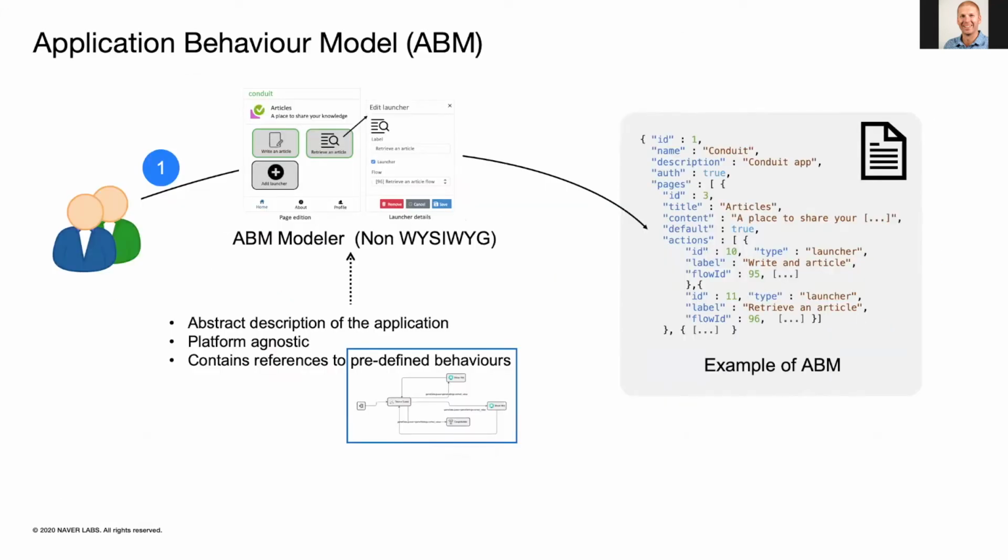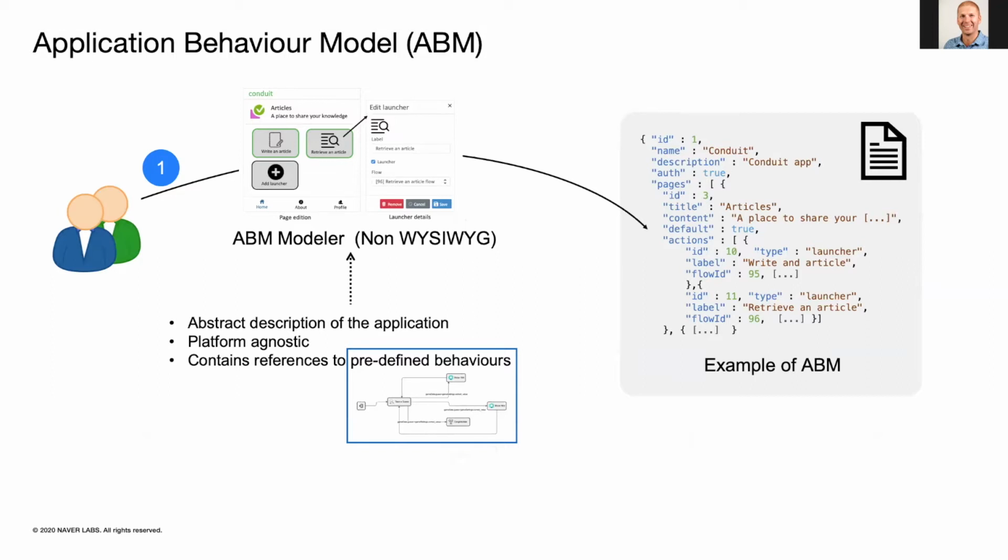Our approach involves the creation of an application behavior model, or ABM, which is an abstract description of the application. It is platform agnostic, contains references to predefined behaviors, and it can be designed with a graphical user interface that even non-technical users should be able to operate.